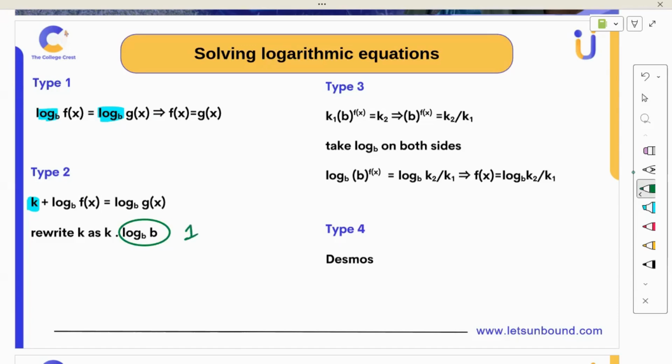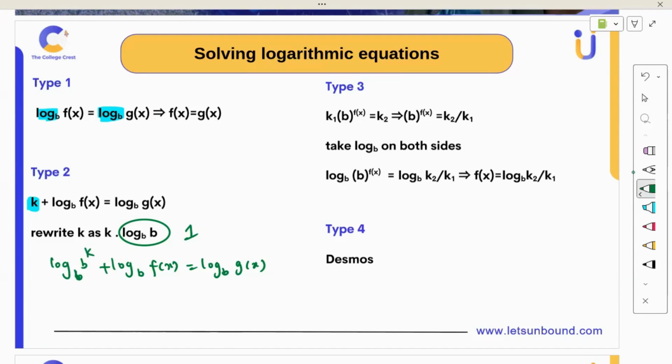So after this, k log b b plus log b f of x equals log b g of x. Now this k will go here, as per the power rule: log b power k, plus log b f of x, equal to this.